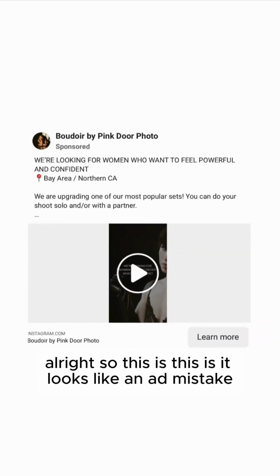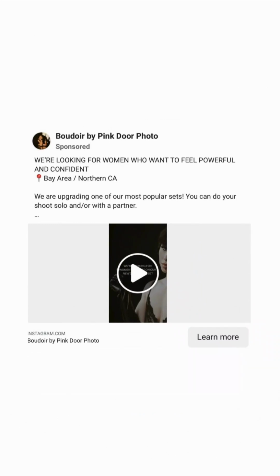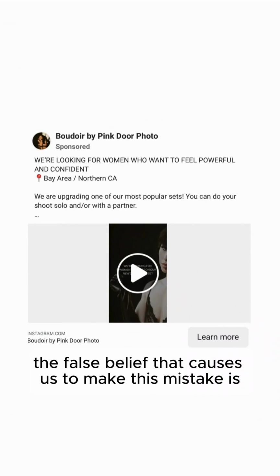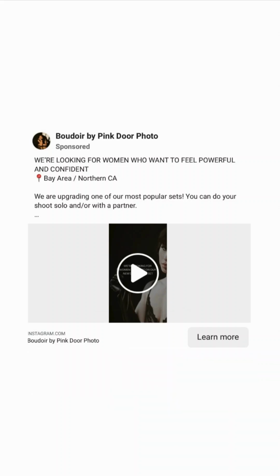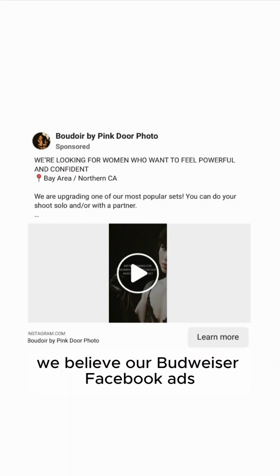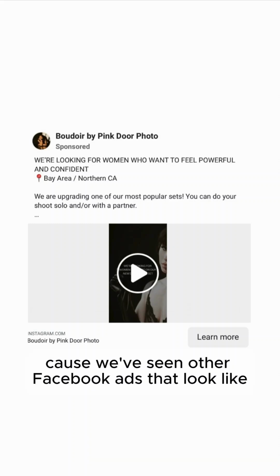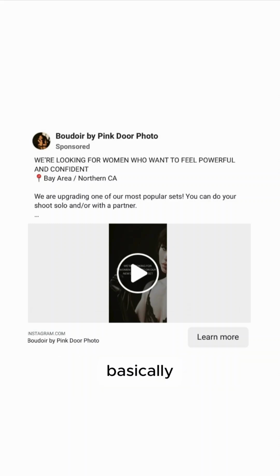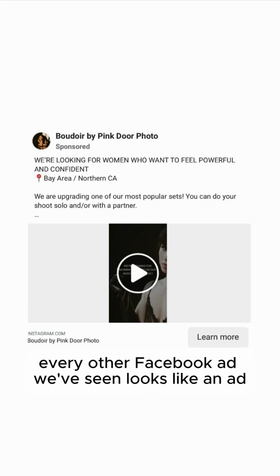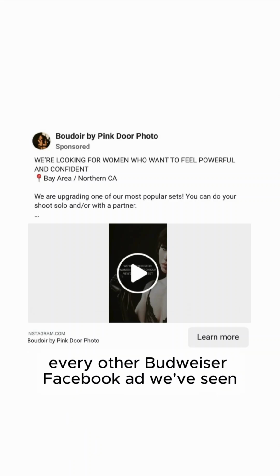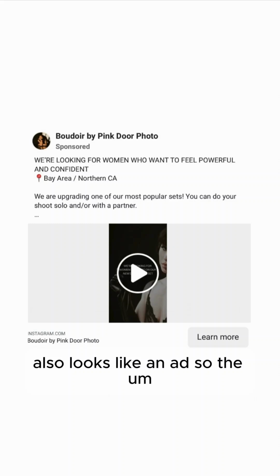All right, so this looks like an ad mistake. So the false belief that caused us to make this mistake is we believe our boudoir Facebook ads should look like ads, because we've seen other Facebook ads that look like ads. Basically every other Facebook ad we've seen looks like an ad, and basically every other boudoir Facebook ad we've seen also looks like an ad.